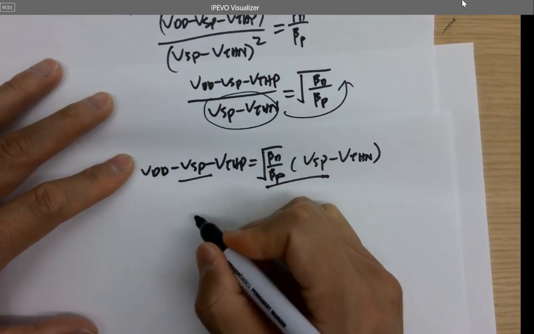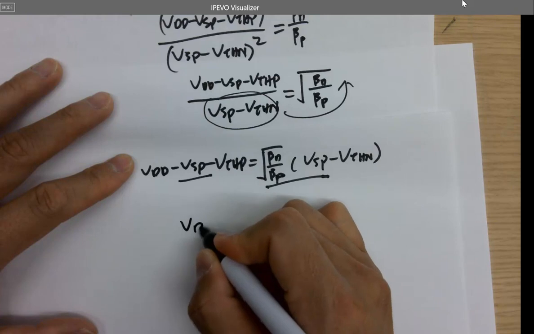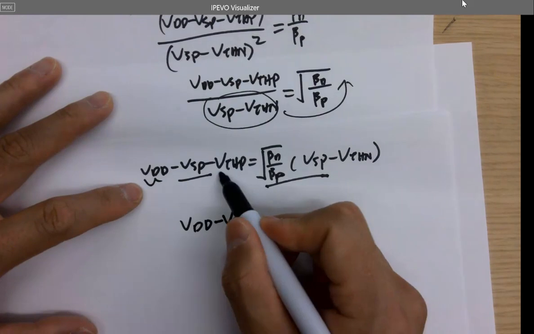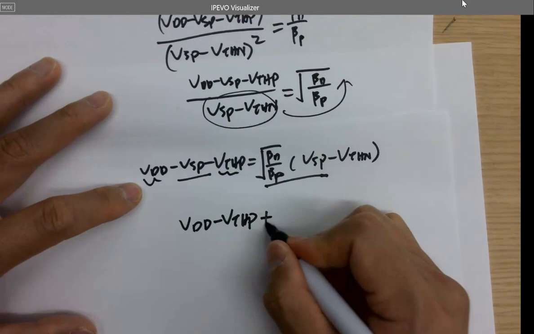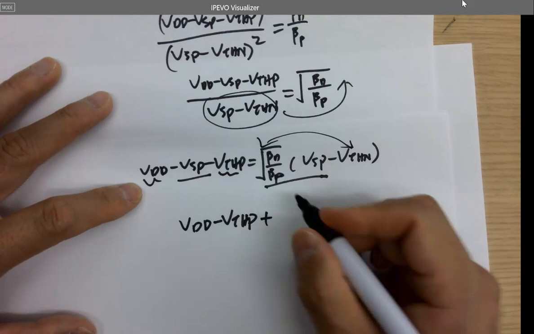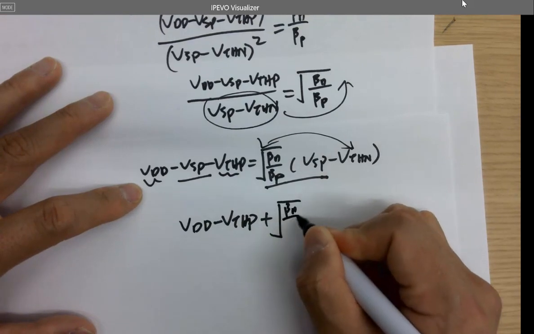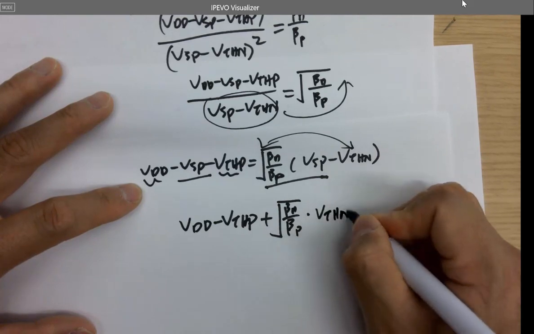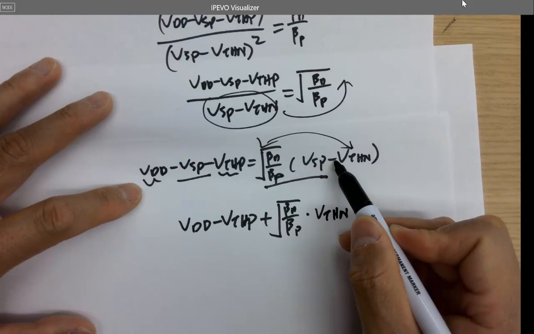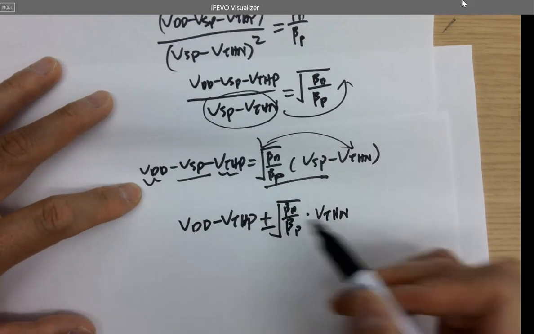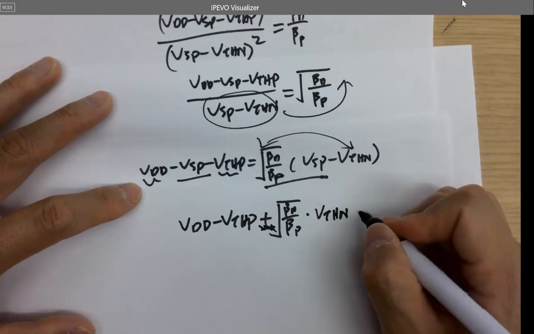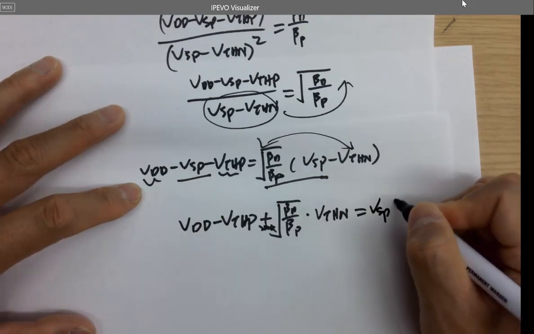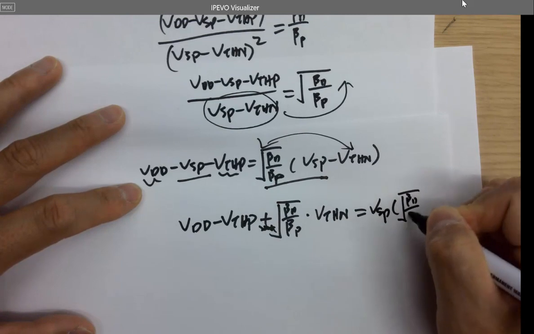So we're getting VDD minus VTHP, which is this and this, plus these two, which is the square root of beta n over beta p times VTHN. We change the sign here because this was a minus; we move it to the left and change it to a plus sign. Equals this plus this, which is VSP times (the square root of beta n over beta p, plus 1).